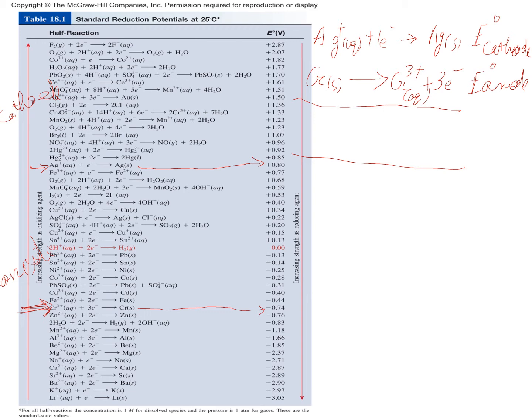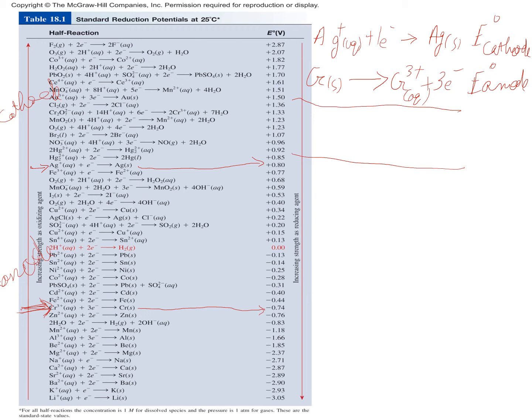But also one thing I can tell you, the reactions written out right here in this chart are balanced reactions. So you can skip this step. But if you want to be extra careful, you can. The half reactions will always be balanced if they are written in this chart.